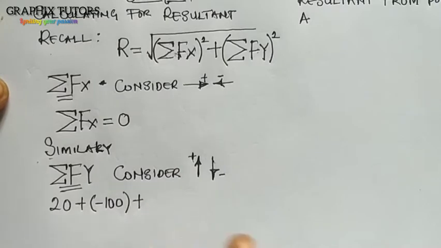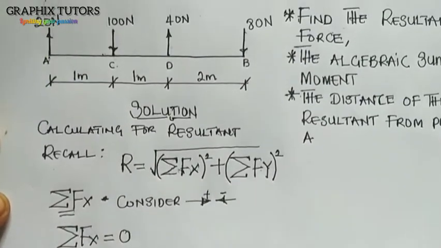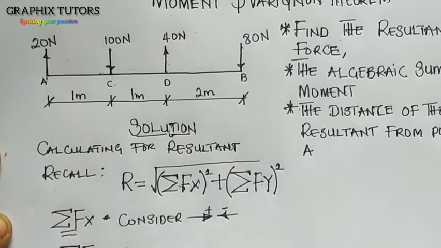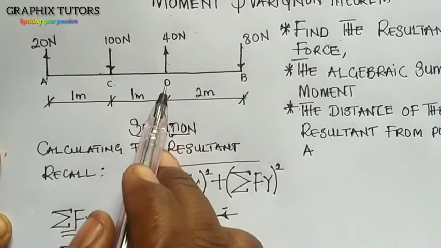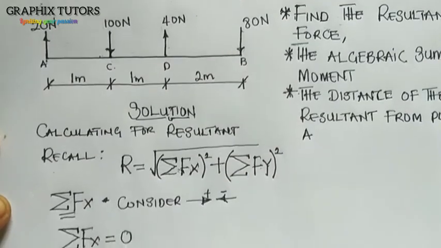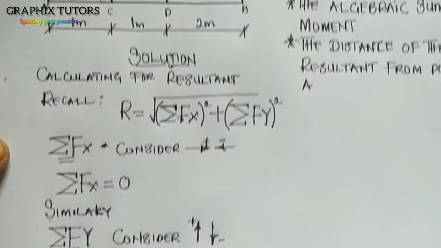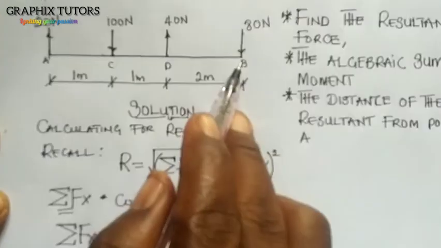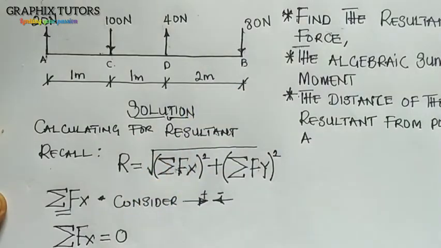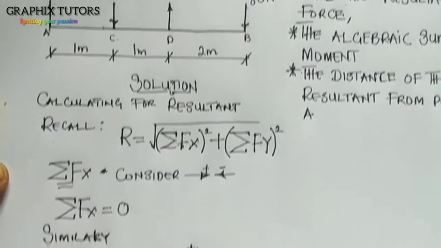Plus the next one here we see is what? 40 at point D, facing upward, so that is positive. We have plus 40. Plus the next one we're having here is 80, facing downward at point B. That will be minus 80 because facing downward.